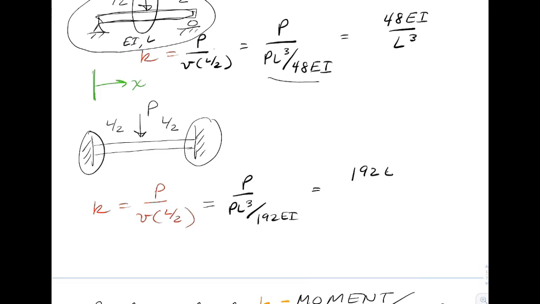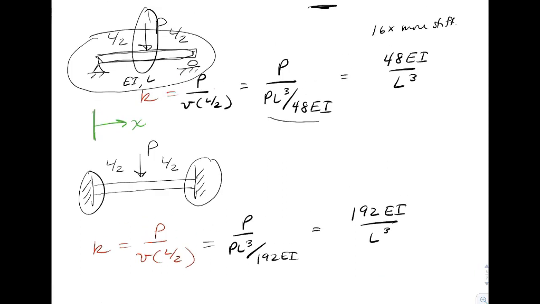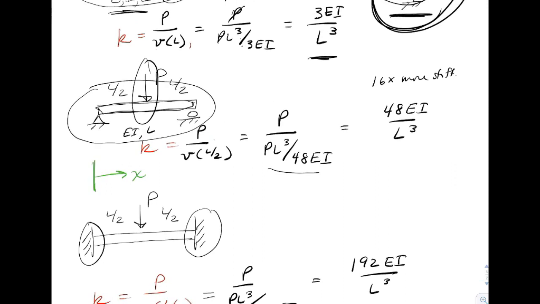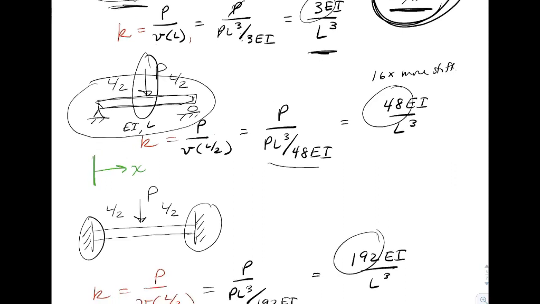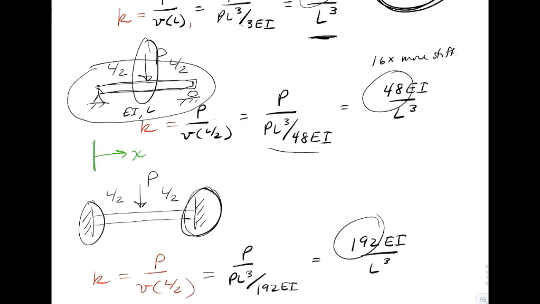So the stiffness in the translational direction would be 192 EI over L cubed. So you kind of get a relative feel for the stiffness. And that's the exact same beam, it's just we have more kinematic restraints, we have something more indeterminate. And those increased kinematic restraints create something that has more stiffness to it.